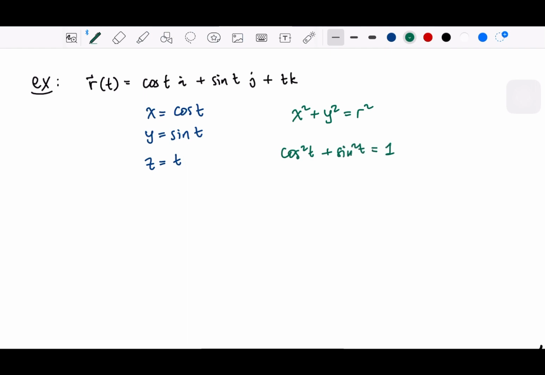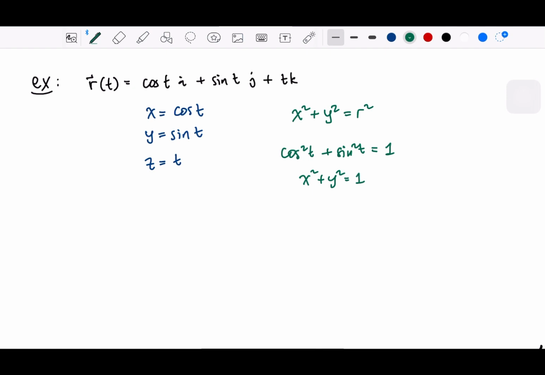So x squared plus y squared equals 1. So we have a circle with radius 1 in the xy plane. But then we have another variable z that varies with the amount of t.